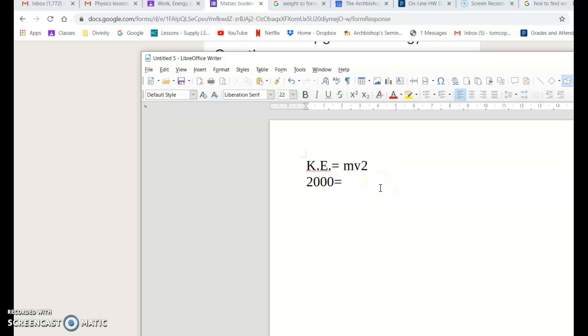You know that the mass is 50 times v squared. So if you take it to the other side, what does it become? Division. Division by 50 equals v squared. Now, 2000 division by 50 is 80.